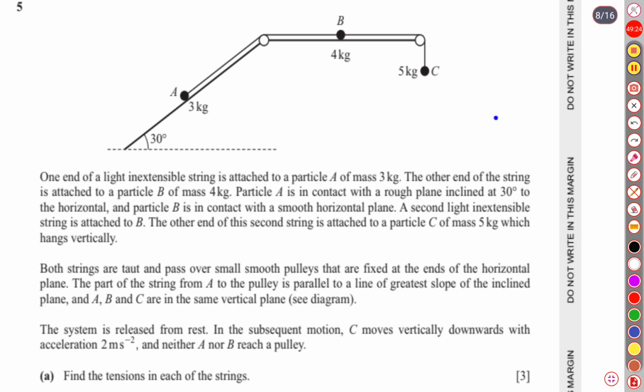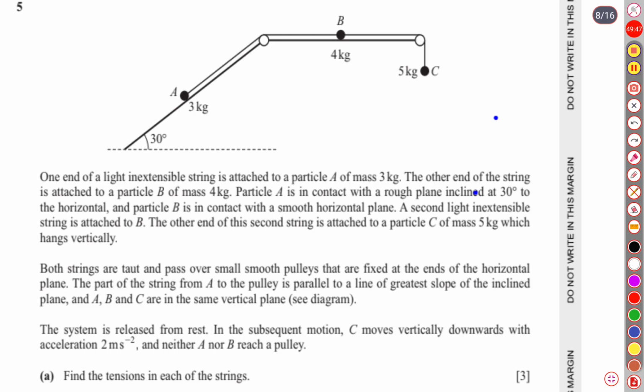Particle A is in contact with the rough plane inclined at 30 degrees to the horizontal, and particle B is in contact with the smooth horizontal plane. A second light inextensible string is attached to B. The other end of this second string is attached to a particle C of mass 5 kg, which hangs vertically.